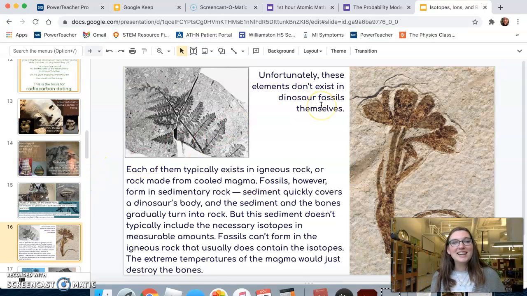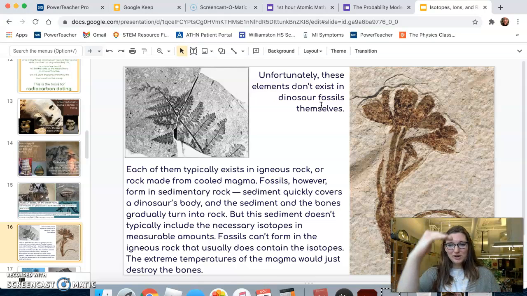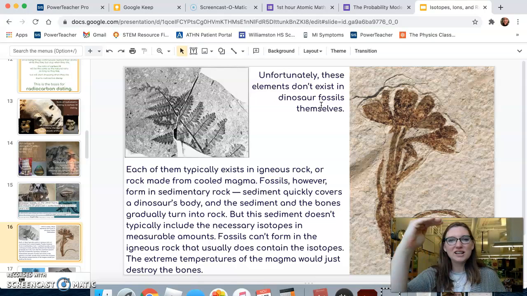Unfortunately, there's a complication, because those elements don't exist in dinosaur fossils. We don't have uranium inside of us or potassium-40 in us generally. So what scientists do is they look at the geologic layers, the stratification of the rocks.